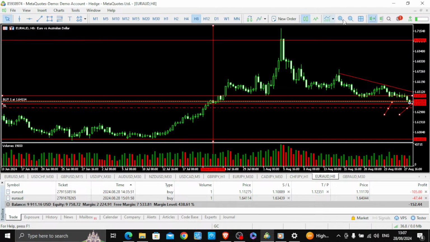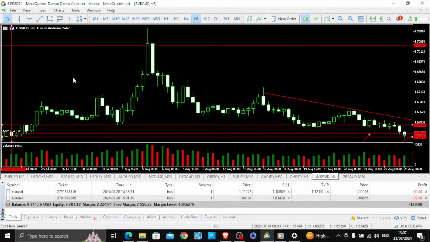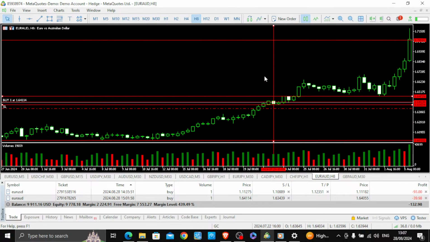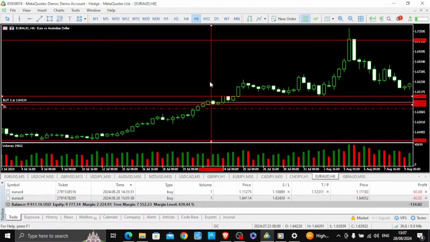I want to get below this candle, because below it should be 63.83. So my stop loss should be around 63.8.